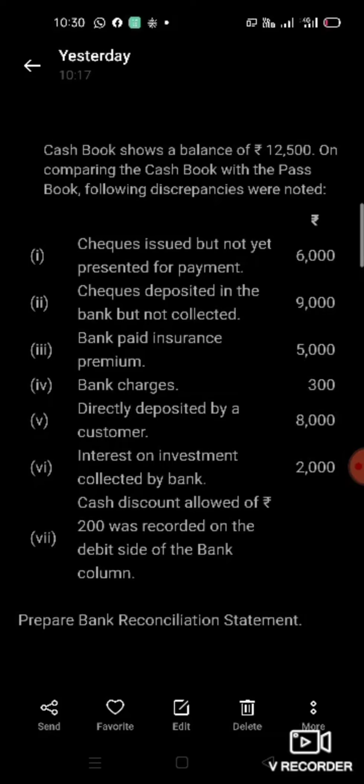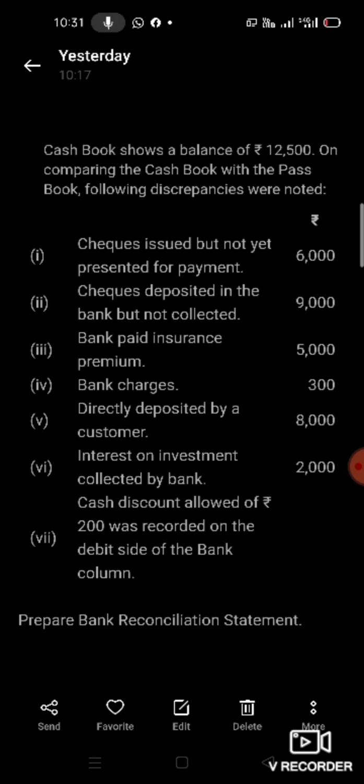Morning class 11. Last day I discussed the theory portion of bank reconciliation statement. There I discussed there were only 4 situations from which you have to make a bank reconciliation statement. 1. Bank balance as per cash book, debit: favorable.